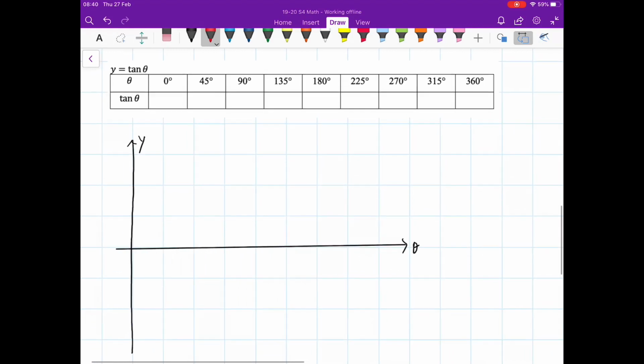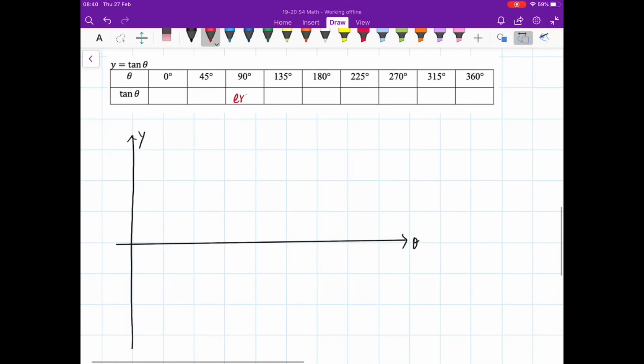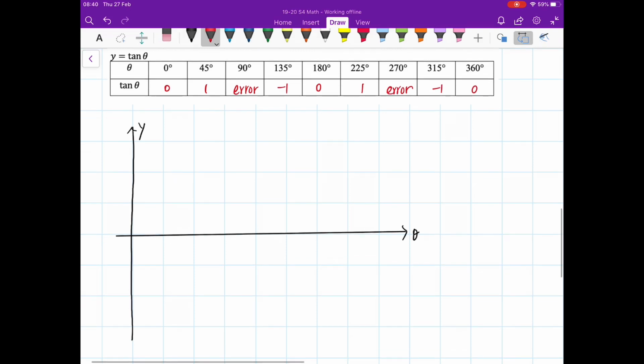So I will put it down as error. For the remaining, the values will be like this. Still we will plot the graph, but maybe you may ask, for error, how can we put it in the figure? I will show you later.